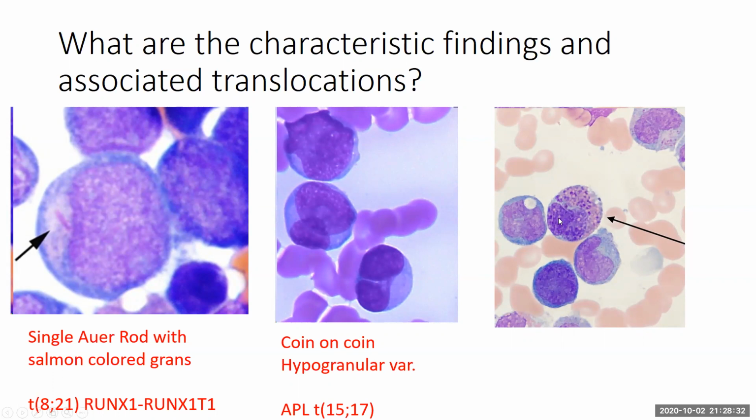So classically, you have blasts in the background, and then you have these kind of odd eosinophilic myelocytes that have these purplish basophilic granules in them. So what translocation can you think of?